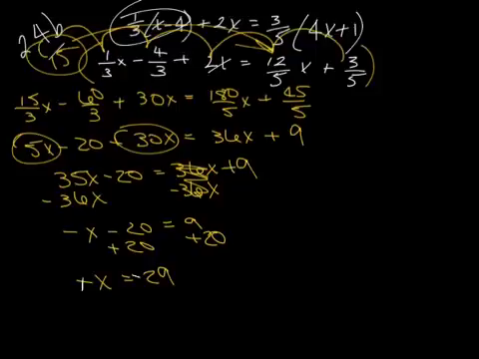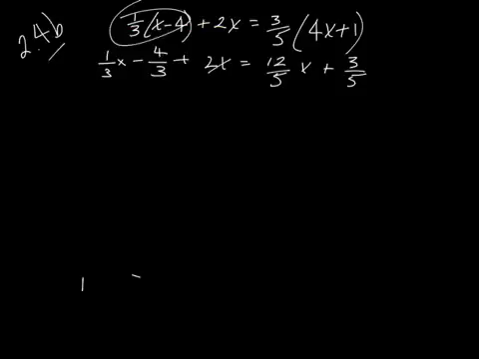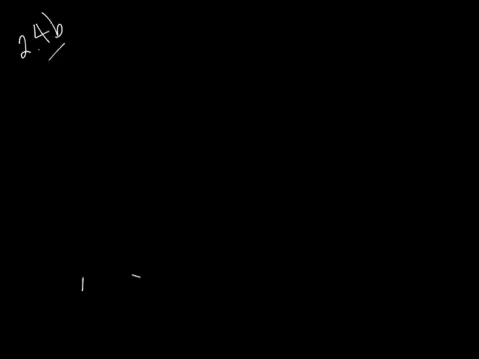Okay, so what happens if we have not fractions, but decimals? Well, we're going to try one with a decimal, and you'll notice that it's done the exact same way as the ones with fractions.